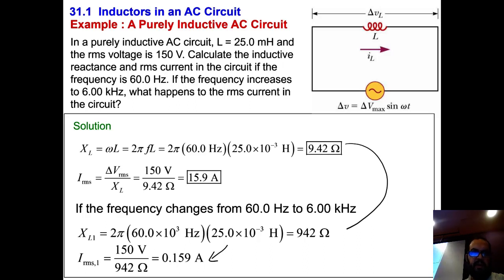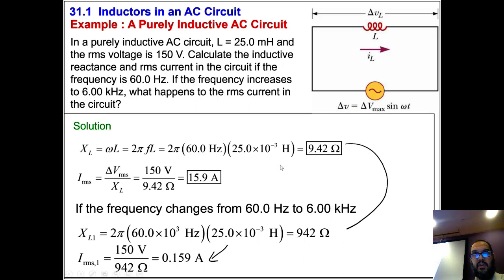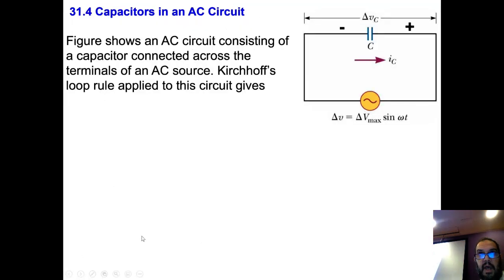So it's 6 10 to the power 3, 6 kilohertz. Is the result correct? Still correct? So check it.